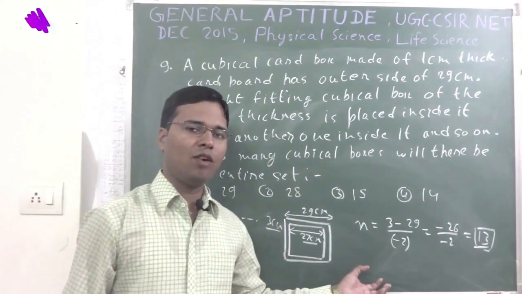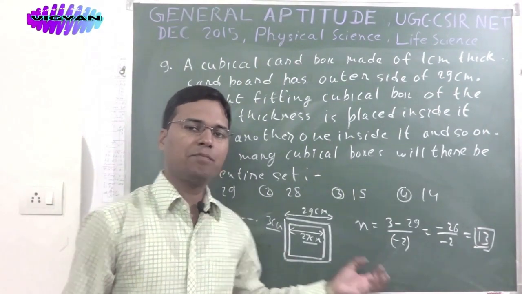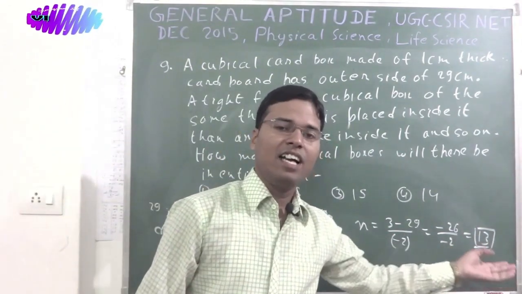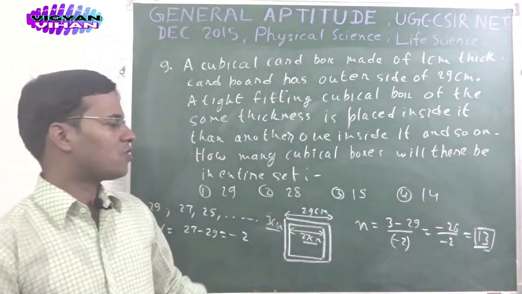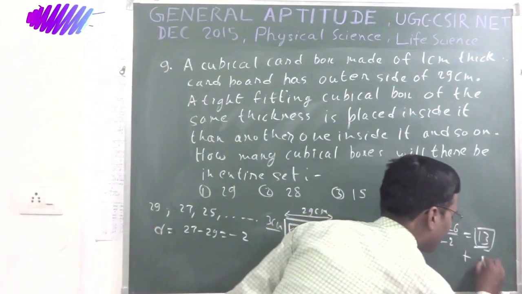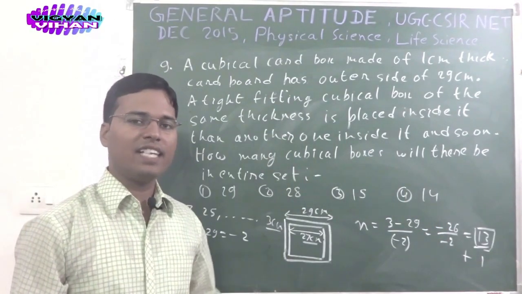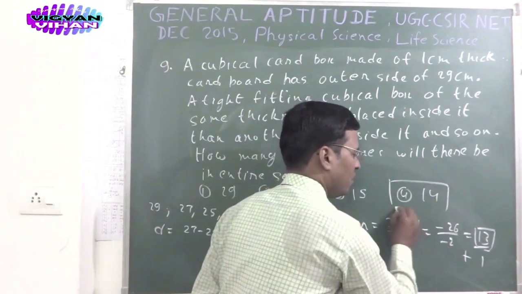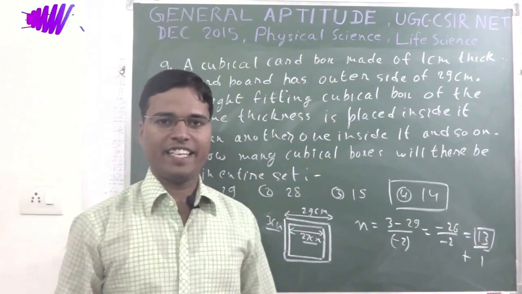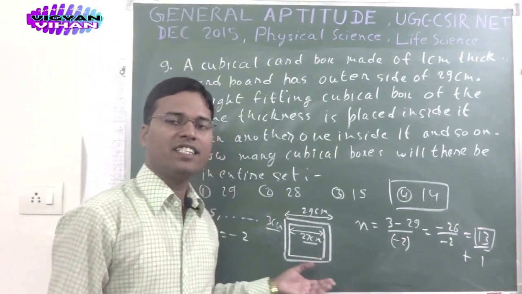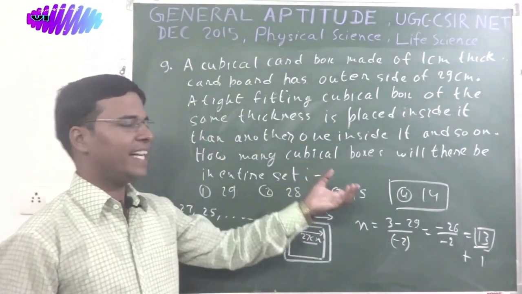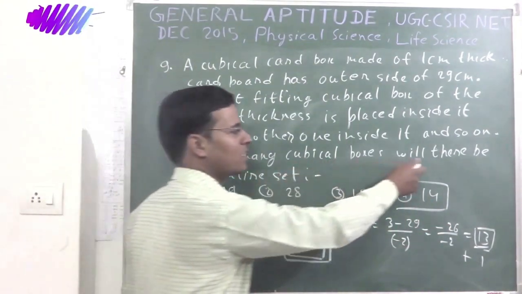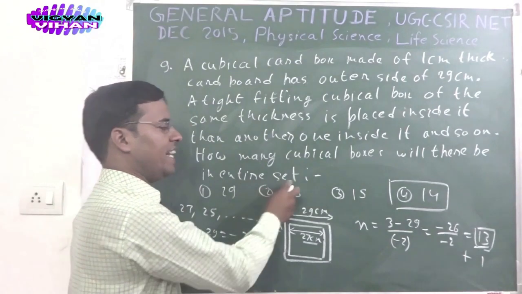The number of boxes which we can put inside the bigger box will be 13. Add the outer box also, then we get plus 1. The correct answer of this problem is option 4, 14, which is the number of boxes in the complete set.